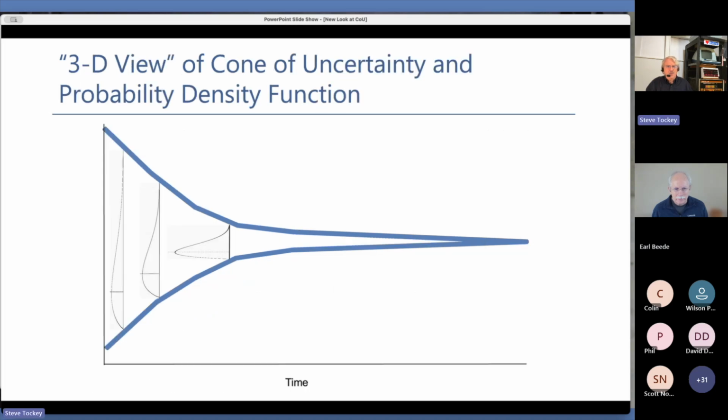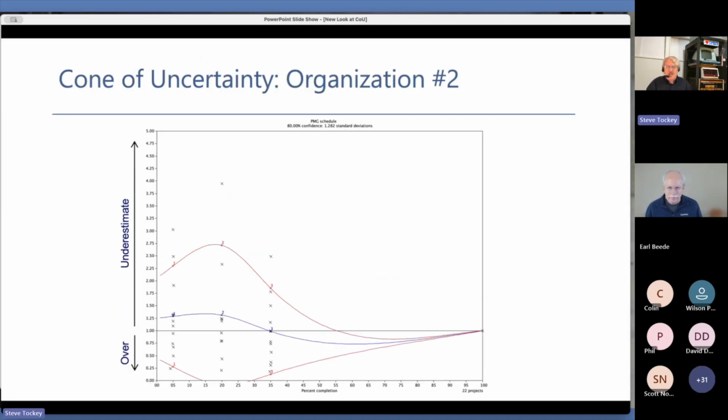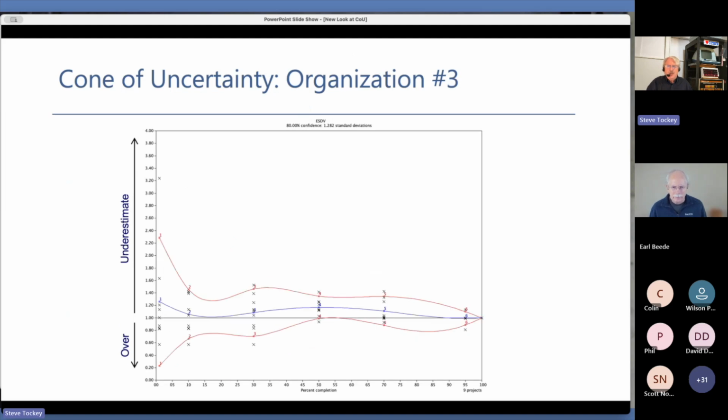No, I don't have the data to say that, but I will say that the shape of the cone of uncertainty is actually massively sensitive to the process that is being used. Yeah. I mean, here I can say that this organization is getting a lot of value out of doing requirements work the way that they're doing requirements work.